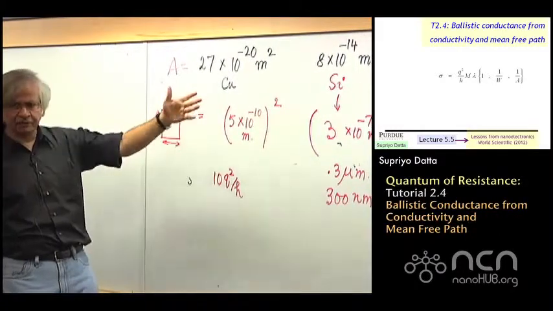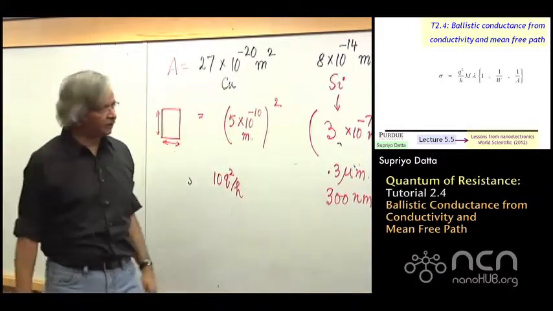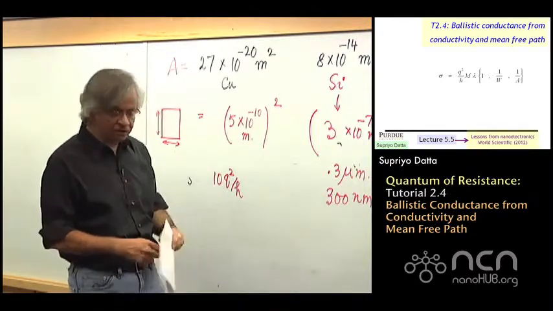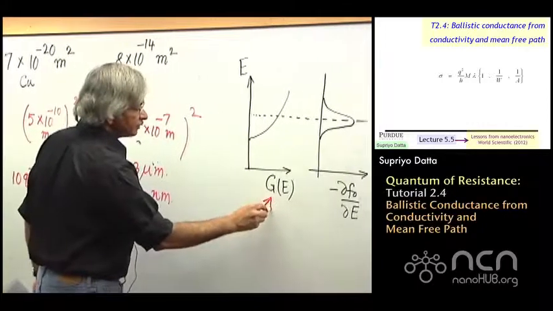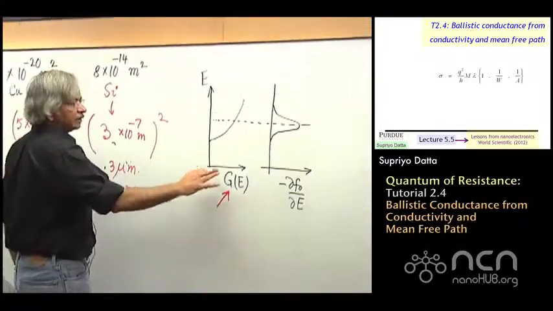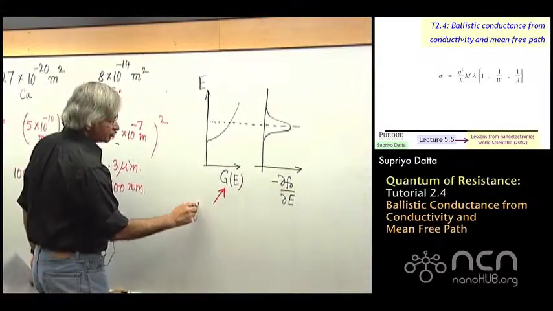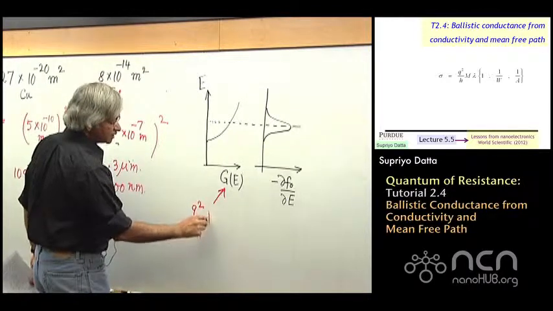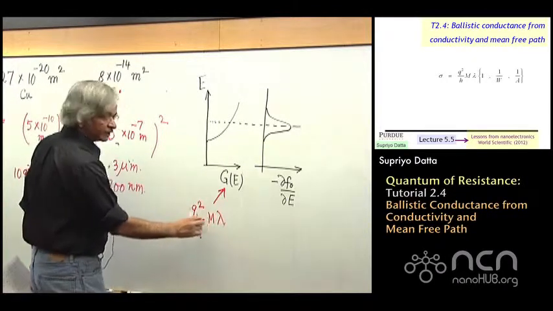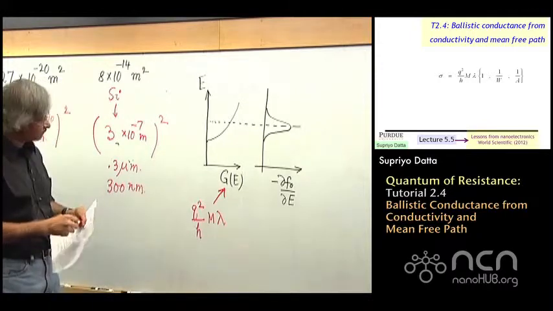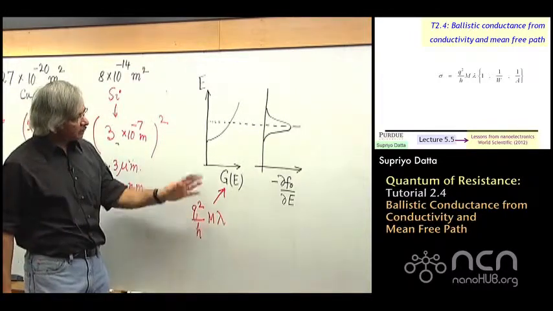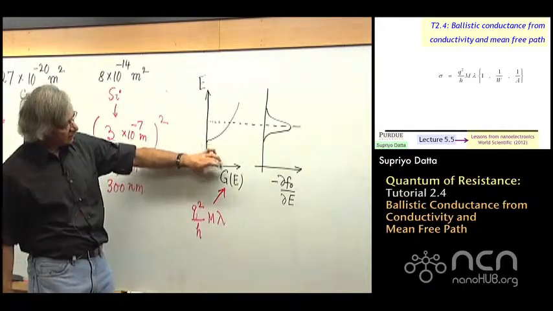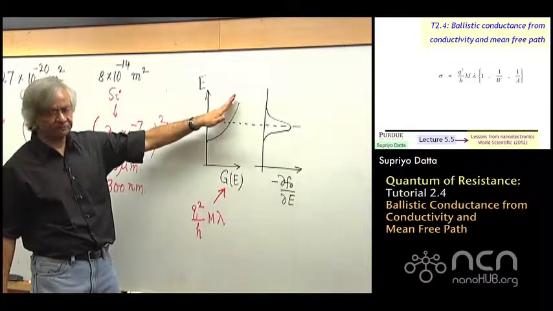Now, one last point. I wanted to make the point that the expression we are using for G, the conductance, we have said is like q square over h times this M lambda. This is like the number of modes that we talked about. But the picture to remember is that this conductance is actually a function of energy.